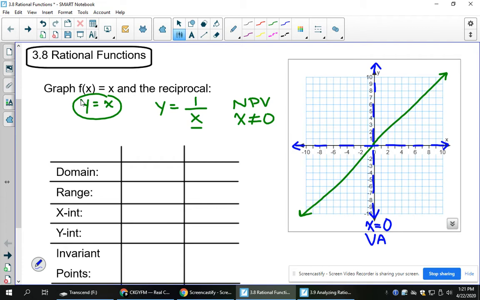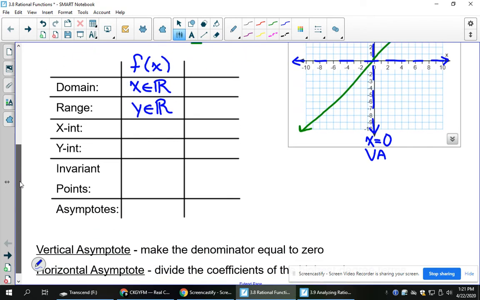Before we get going too far, let's just state everything we know about f of x so far. The green line, y equals x. The domain of a linear equation like that is x ∈ R. It goes on forever and ever in both x directions. It also goes up and down forever, so y ∈ R for the range.